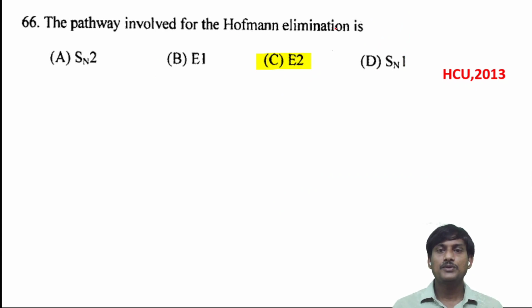The pathway involved for the Hofmann elimination is: Hofmann elimination. Already in previous year questions we have discussed the Hofmann elimination. It's an E2 elimination reaction.